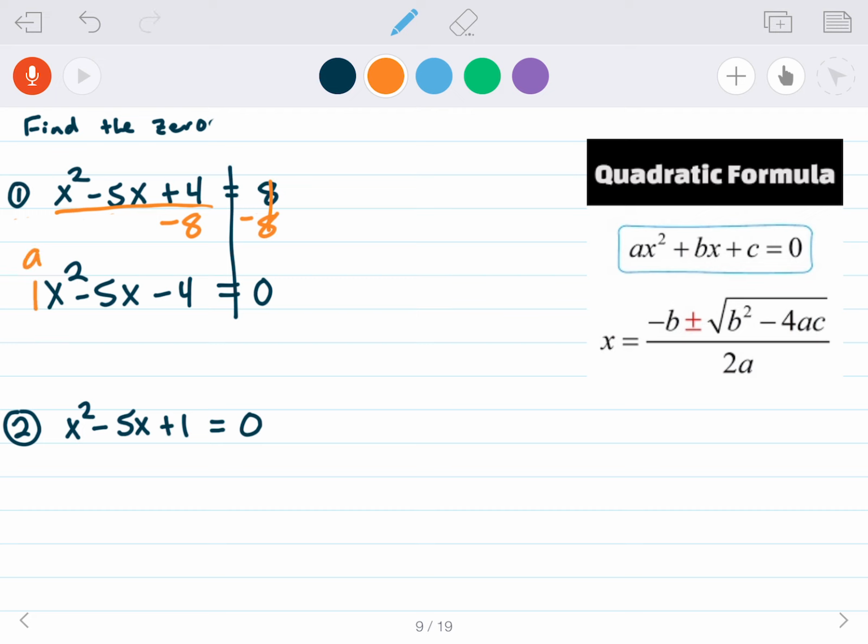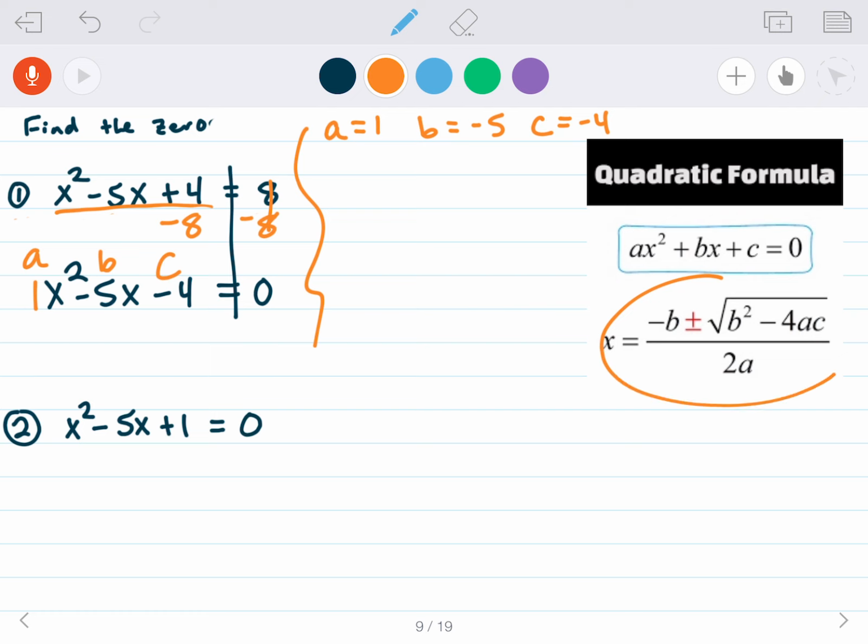In this case, a is equal to 1, b is equal to negative 5, and c is equal to negative 4. So let me write this up here. A is 1, b is negative 5, and c is negative 4. And then we're just going to plug all of those values into this formula here.